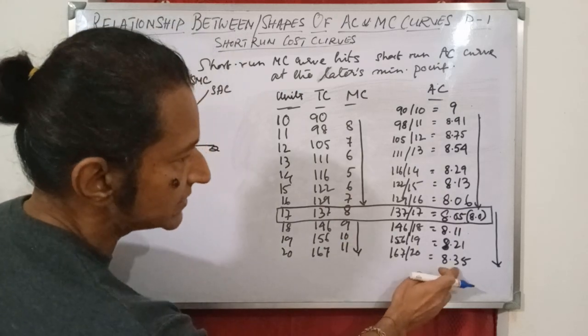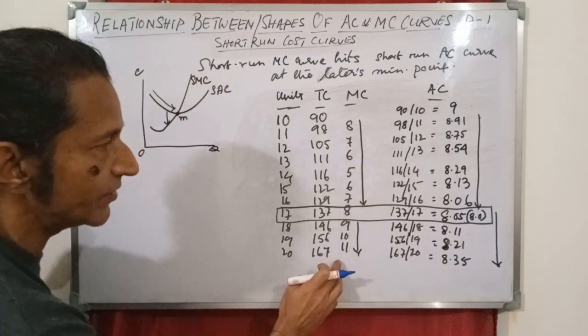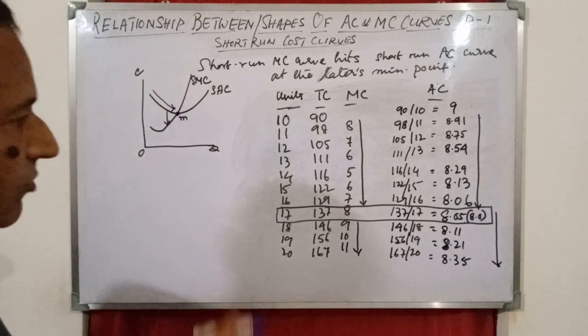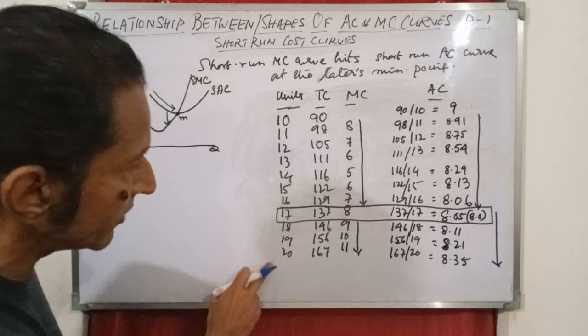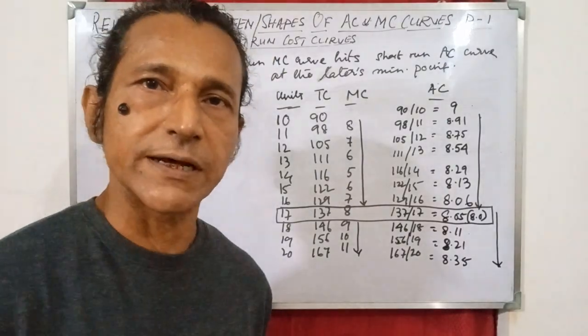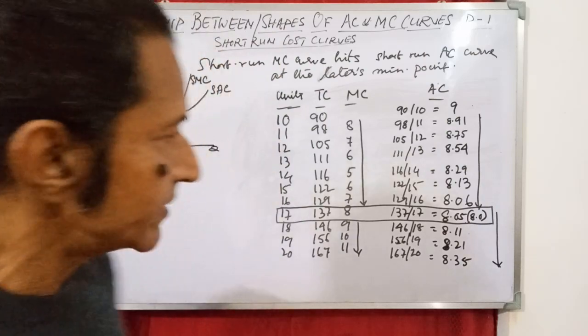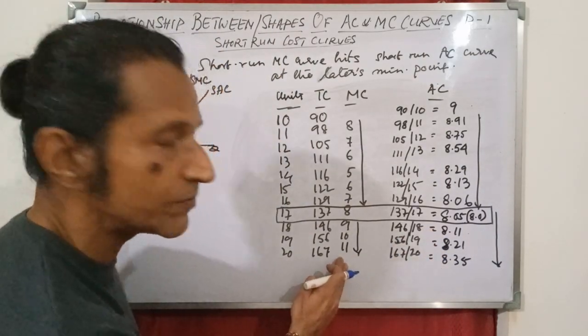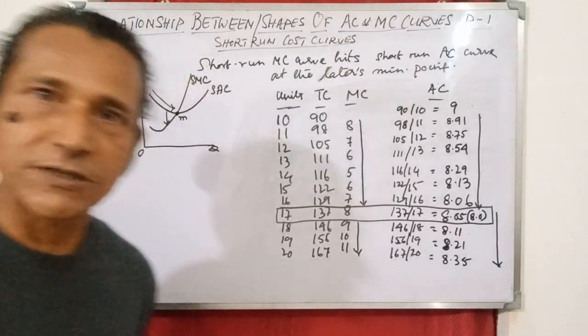When AC is 8.35, MC is 11. So for every average cost, from 17 units onward, the marginal cost is more than the corresponding average cost. This means when the average cost is increasing, the marginal cost curve lies above the average cost curve.